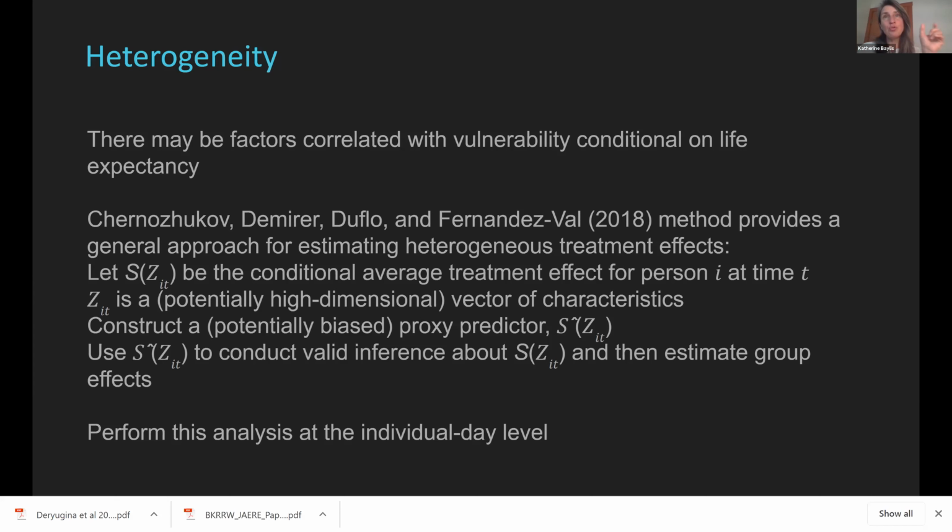You can still use that to extract an unbiased measure of the conditional average treatment effect. And then you can look at those conditional average treatment effects by characteristic grouping, essentially. So what characteristics drive big differences in those estimated conditional average treatment effects? That's a very broad brush kind of idea.